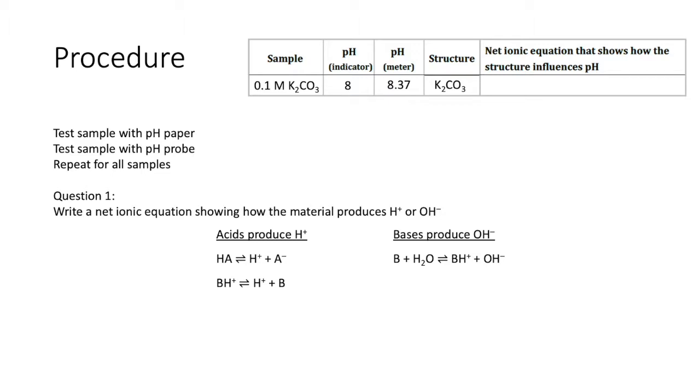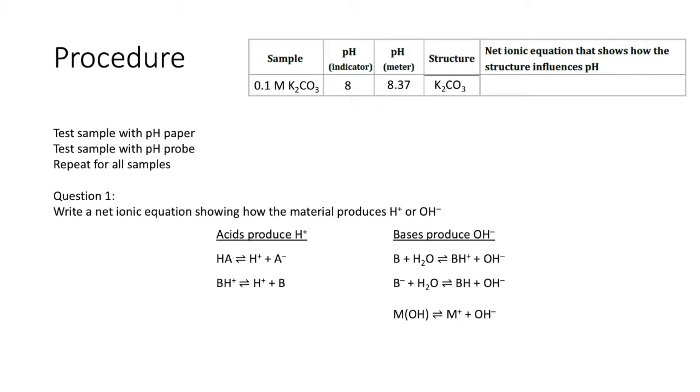The second type is the reaction of a weak base in the form of an anion. The weak base reacts with water and abstracts a proton from the water, producing BH, a neutral material, and OH minus. A third way in which a base can produce OH minus can be seen in the case of metal hydroxides, where the metal hydroxide just dissociates and produces a metal cation and OH minus.